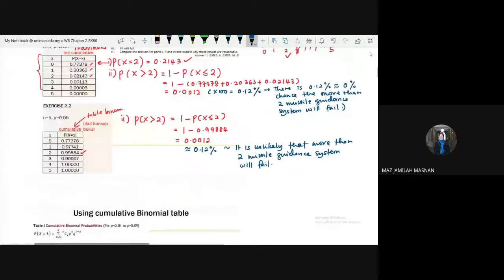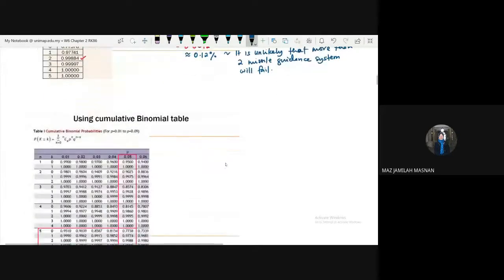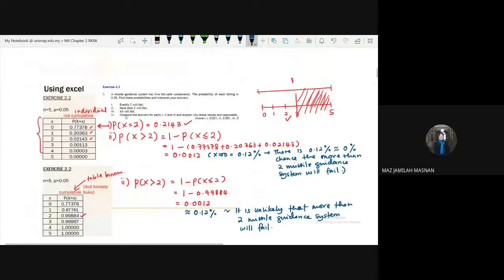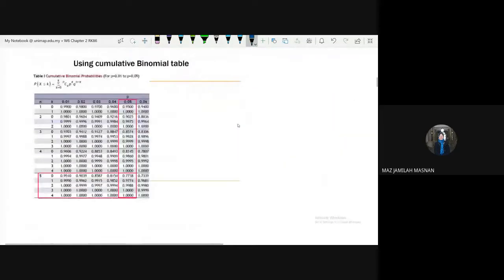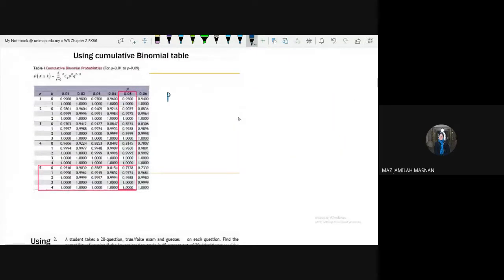So the third question, let's say we are using the cumulative binomial table. The third question: all will fail. Probability all. When we say all, we need to check how many trials we have. If we have 5, then we are talking about x is equal to 5, which means that all 5 missile guidance systems will fail.